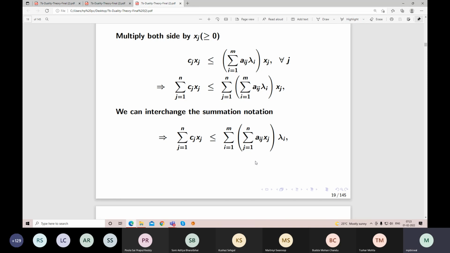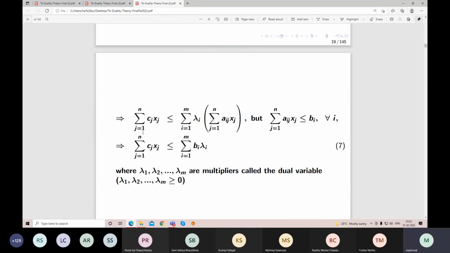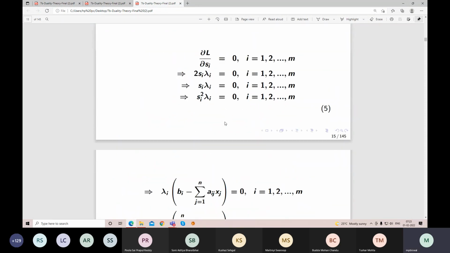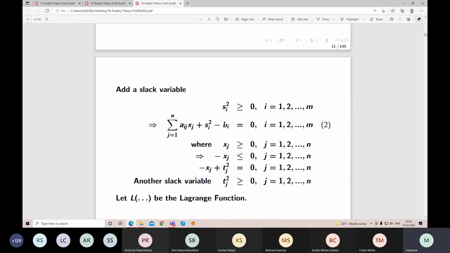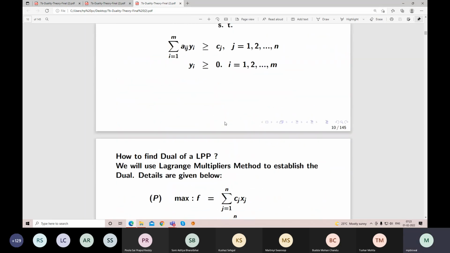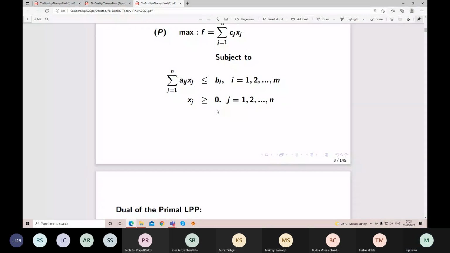Now think about this quantity: this is the primal constraint. The sum over j from 1 to n of aij xj is less than or equal to bi.